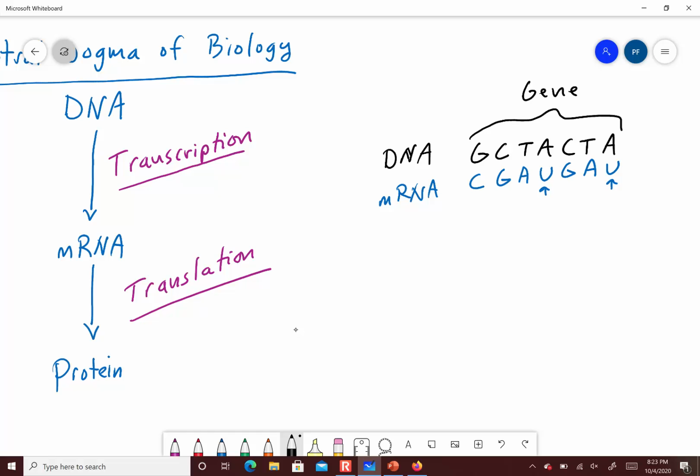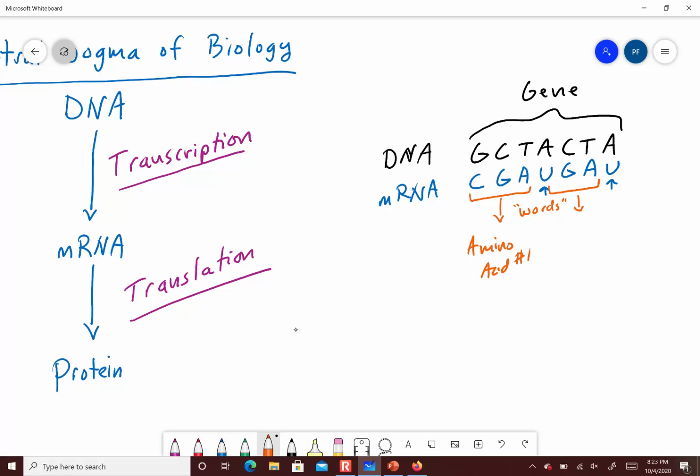Okay, and then we would translate this into our protein. I'm going to show you a little more with this in a second, but what happens is each of these sets of 3 bases in our mRNA are read 3 at a time. They're kind of like the words in our instructions. And remember, proteins are made of amino acids.